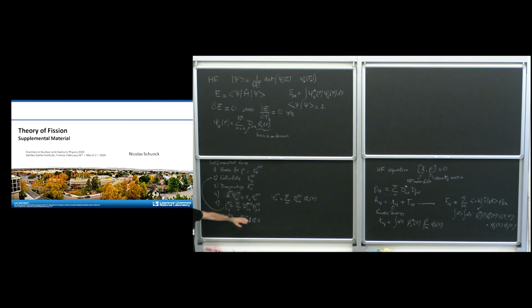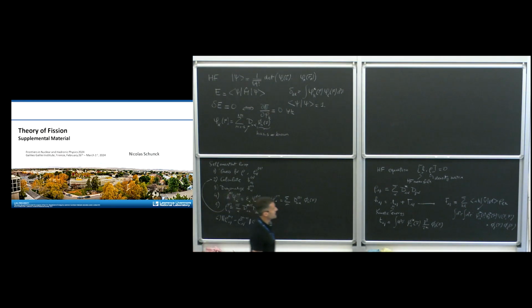There are different criteria to stop this loop, because if you didn't set up a criterion like this, you would go on to infinity. But when you are satisfied that your density doesn't really change anymore, you have reached convergence. Congratulations, you have converged to the Hartree-Fock solution. And by definition, this means that this equation is satisfied. And at this Hartree-Fock solution, you have now the density.